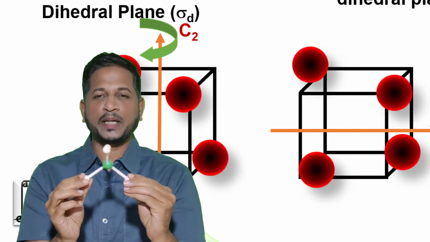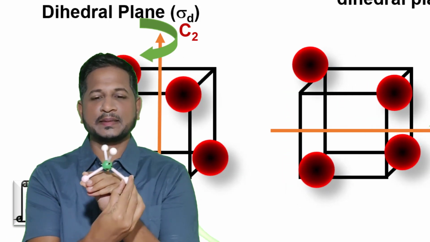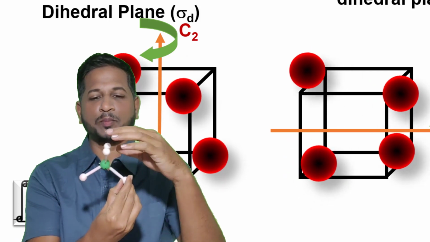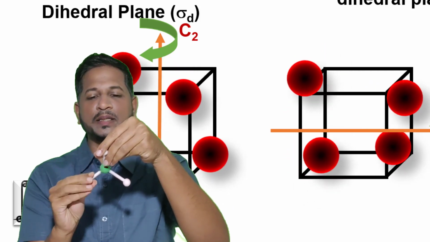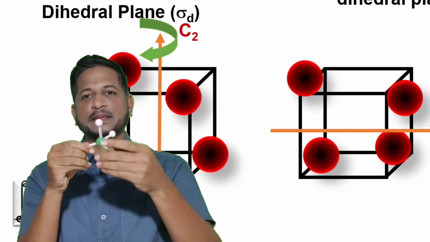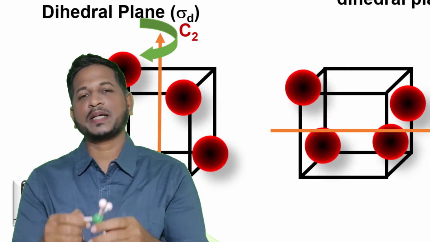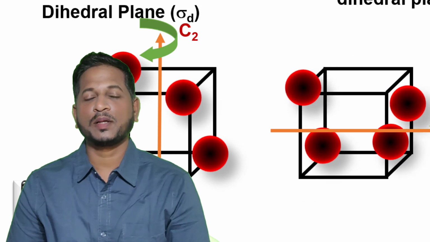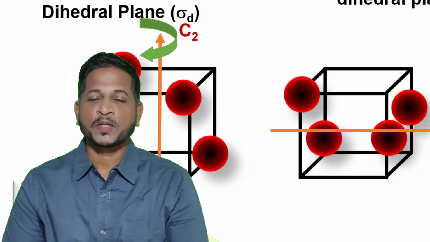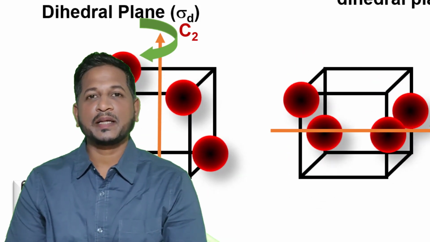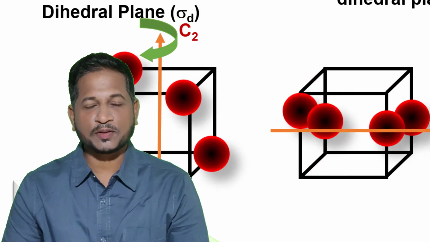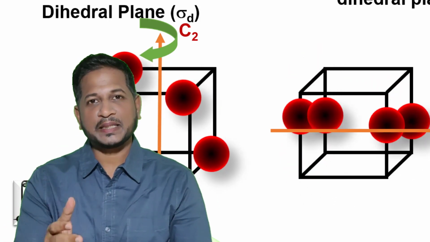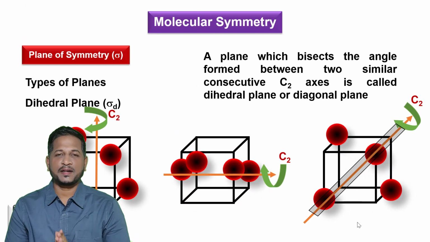Now I can rotate the molecule like this, I can rotate the molecule like this, or I can rotate the molecule like this. So these are the 3 C2 axes of symmetry in methane molecule or in allene molecule. So one of the C2 axes of symmetry bisects the angle formed between the first 2 C2 axes of symmetry, and contains a plane which is called a dihedral plane.